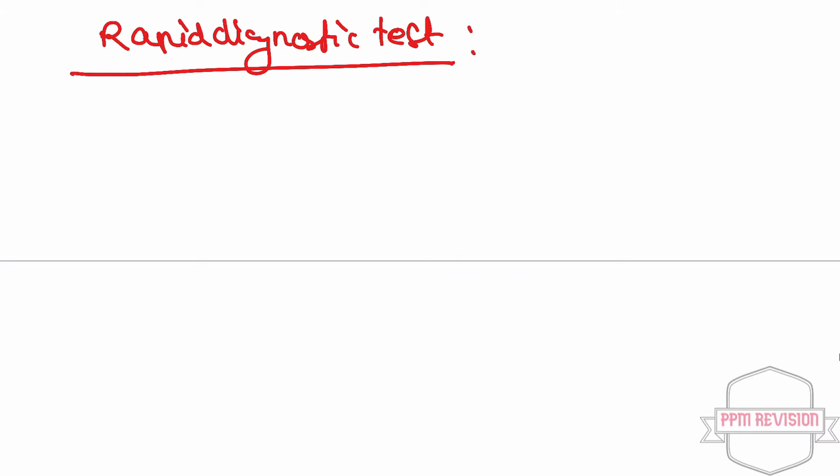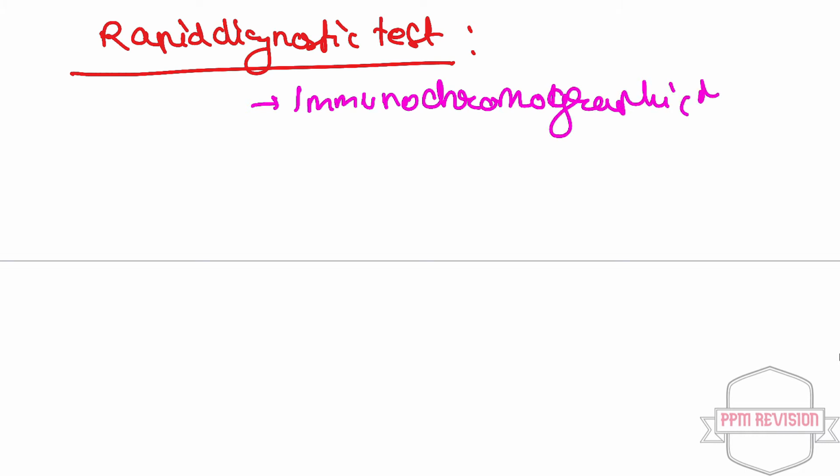There are the immunochromatographic methods. Here the test strip is used containing monoclonal antibodies, and due to the reaction, the precipitate is formed, that is antigen antibody reaction.